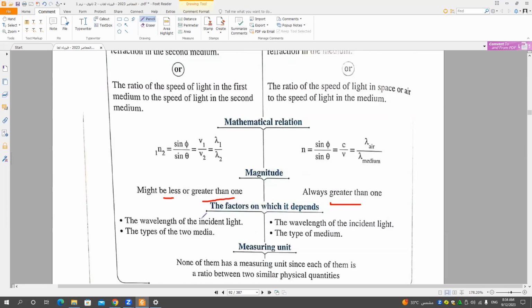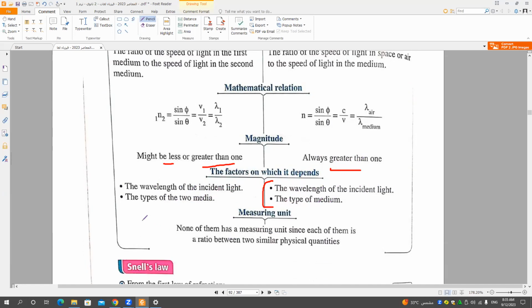The factors it depends on are the wavelength of the incident light ray and the types of the two media. When the second medium is air, it depends on the wavelength of the incident light and the type of medium.